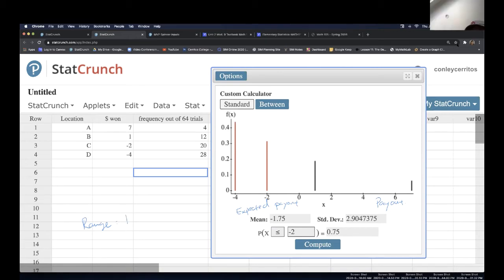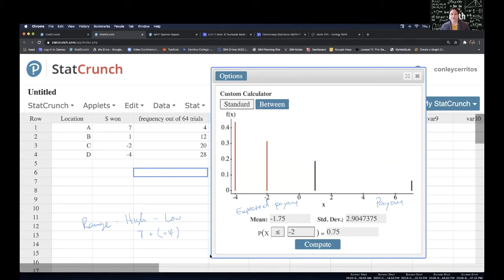What's my maximum winnings? $7. Yeah, my maximum winning is $7. What's my minimum? $2 or -4. Yeah, I'm losing 4. So my range is going to be 7 minus -4. My range is actually 11.